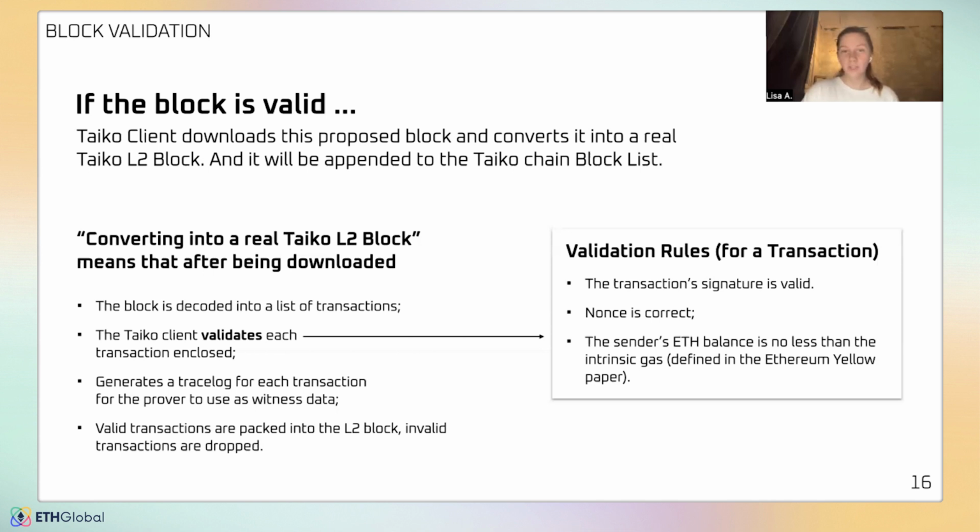And for transactions, validation rules include the following. The transaction signature is valid, nonce is correct, and the sender's balance is no less than the intrinsic gas, and intrinsic gas is defined in the Ethereum yellow paper.